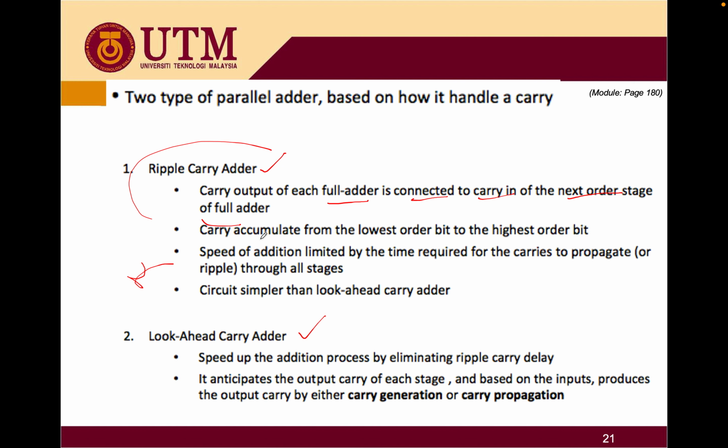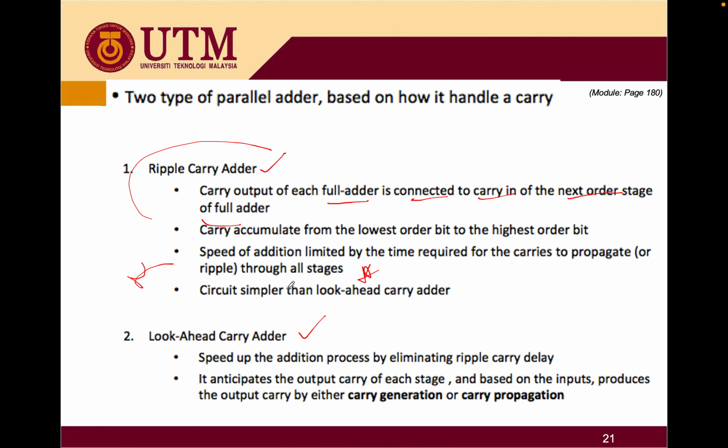And the carry accumulates from the lowest order bit to the highest order bit. The speed of addition is limited by the time required for the carry to propagate or ripple through all the stages. So this is very important to differentiate between your parallel adder and your ripple carry adder.